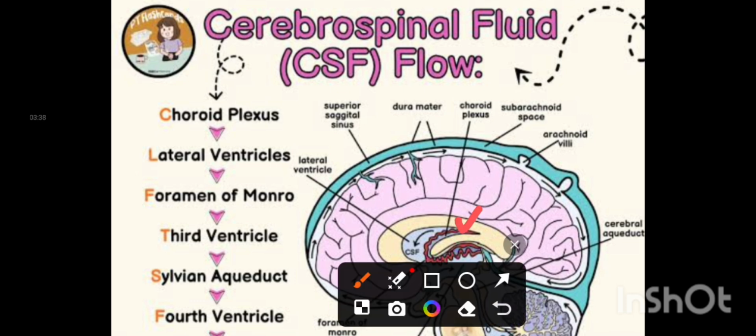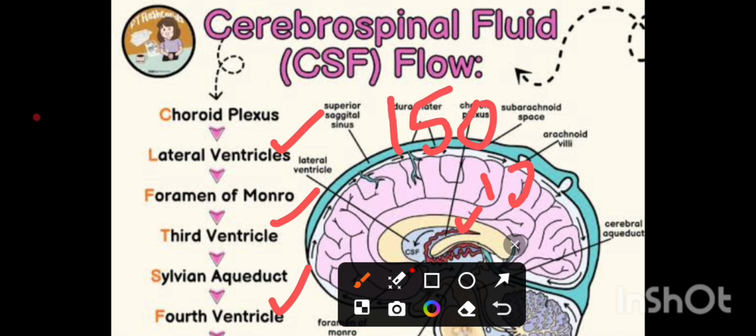The choroid plexus is simply the capillaries of the blood from which the CSF is drained. Over here you can see the choroid plexus. The choroid plexus is present in the lateral ventricle, the third ventricle, and the fourth ventricle. So it is present at three places, and at these three places the CSF is produced. The normal amount of CSF is about 150 ml, out of which 125 ml circulate in the subarachnoid space, while the remaining 25 circulate in the ventricles.